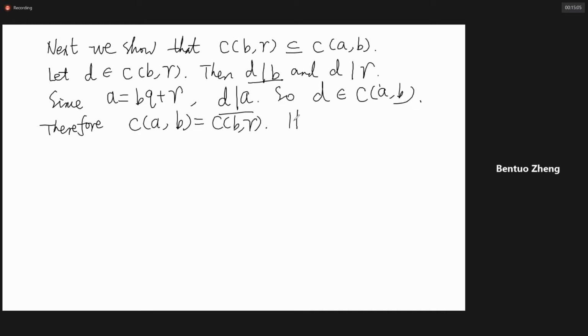Hence, the greatest common divisor of AB is equal to the greatest common divisor of BR. Okay, so this finishes the proof.